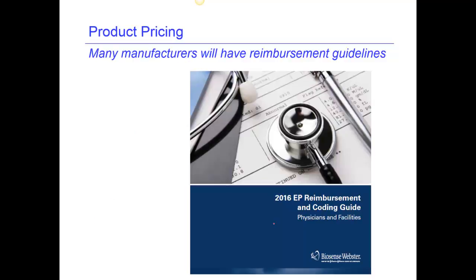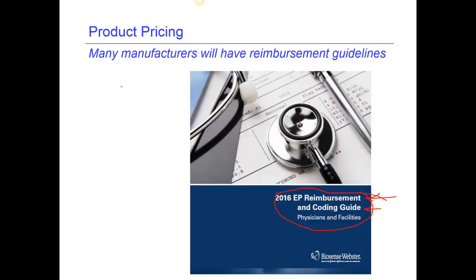A lot of manufacturers will produce what we call pricing guides. So what they'll do is in this case, in this electrophysiology product guide, Biosense has provided a document for their particular products, the way you might want to achieve a reimbursement, what the reimbursement limits are, and how you actually code to get those limits.